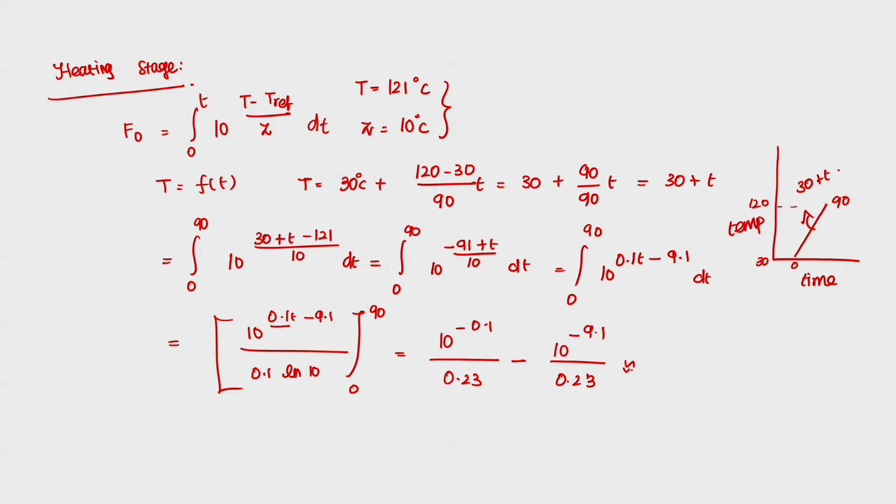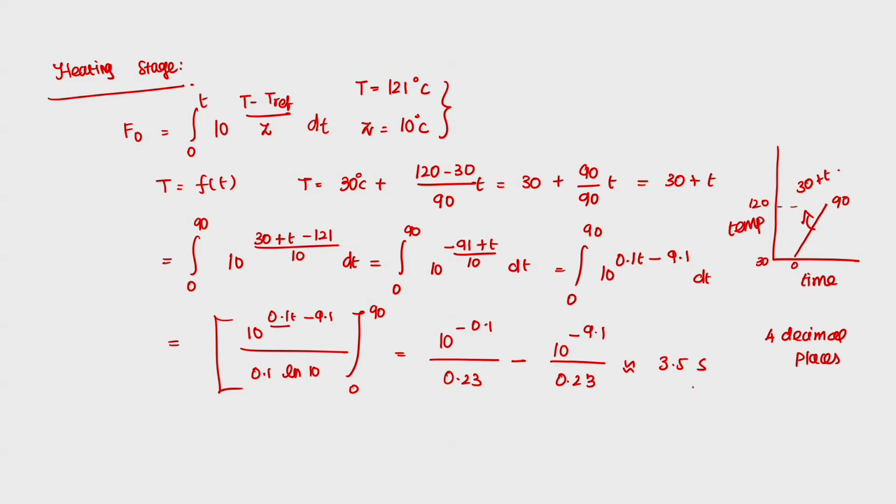This comes to approximately 3.5 seconds. Again I am telling you, when you are doing calculations, take the number of decimals the same throughout the calculation. I would recommend at least 4 decimal places after the point, so that there will not be a drastic change between what I calculate and what you calculate.